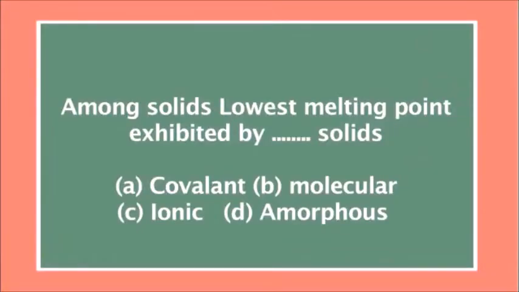Here we go with the first question. Among solids, the lowest melting point is exhibited by: the four options given are covalent, molecular, ionic, and amorphous.